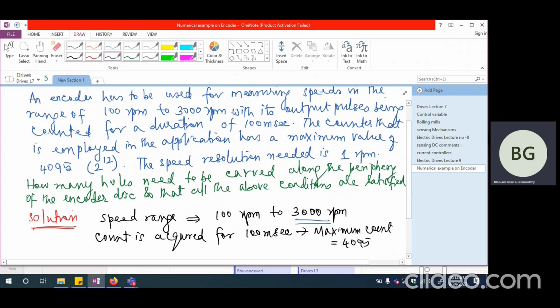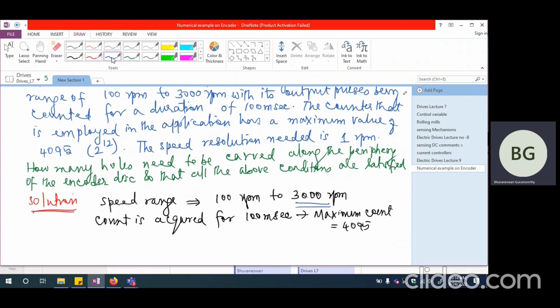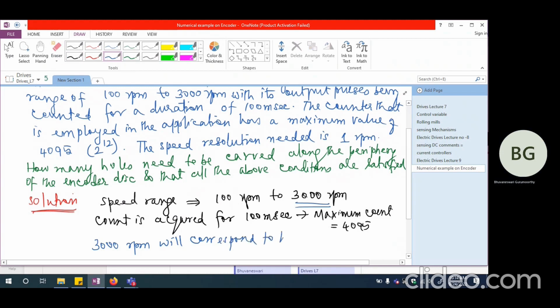When I have 3000 RPM as the speed, that is when I'm going to have the maximum count. So let us first check 3000 RPM. 3000 RPM will correspond to how many revolutions in 100 milliseconds.